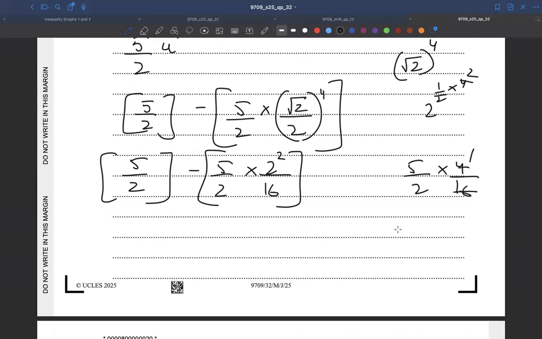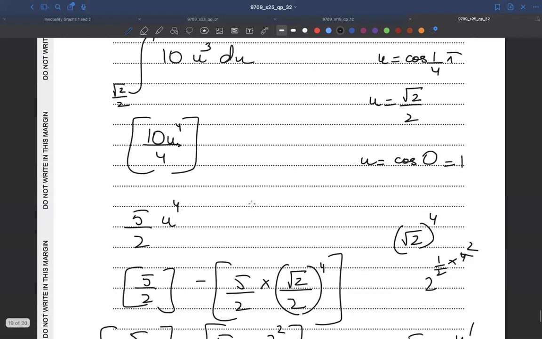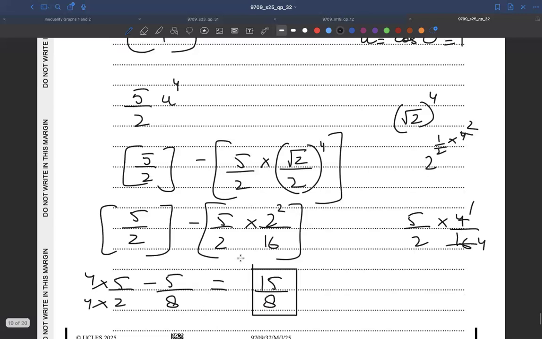This will cancel out, and we'll get 5 upon 8. So 5 upon 2 minus 5 upon 8, multiplying this by 4, we'll get 20 minus 5, which is 15 upon 8 as the area under the graph for the limits pi upon 4 and 0. So the final answer will be 15 upon 8.